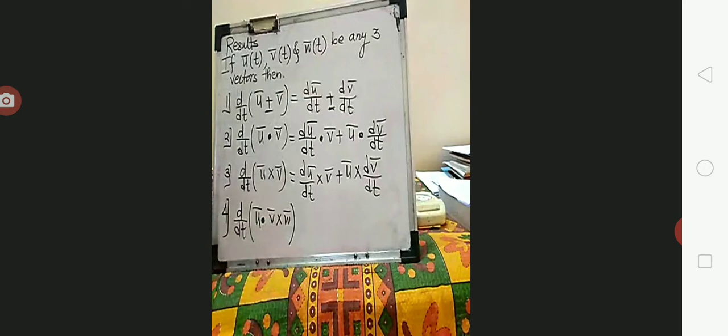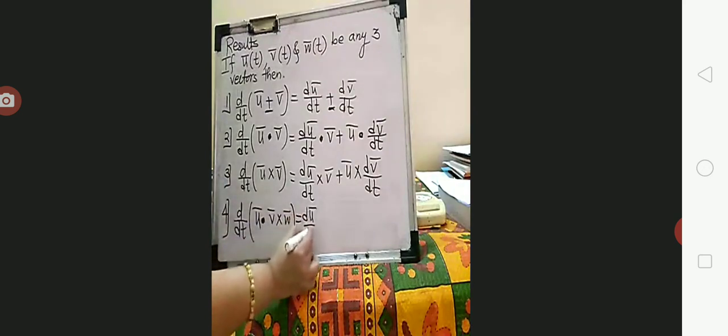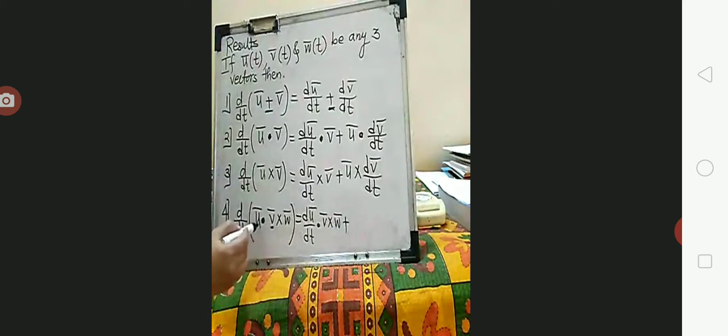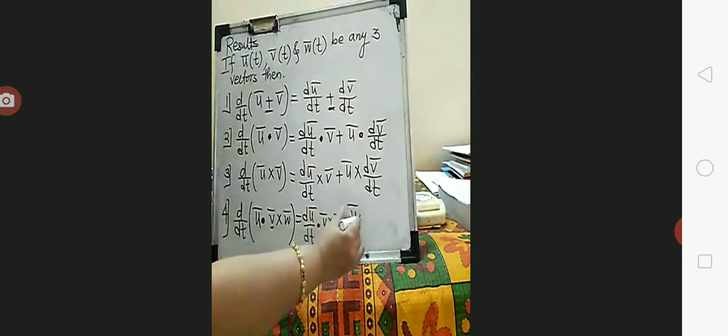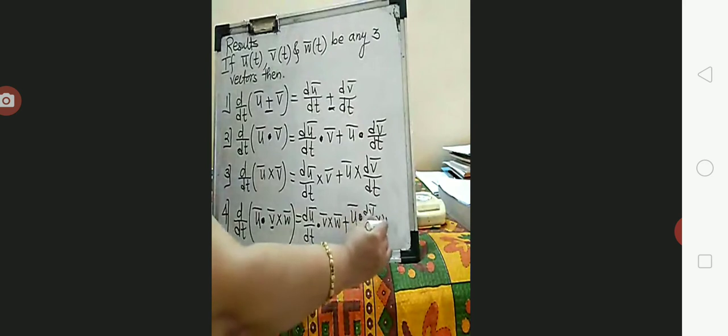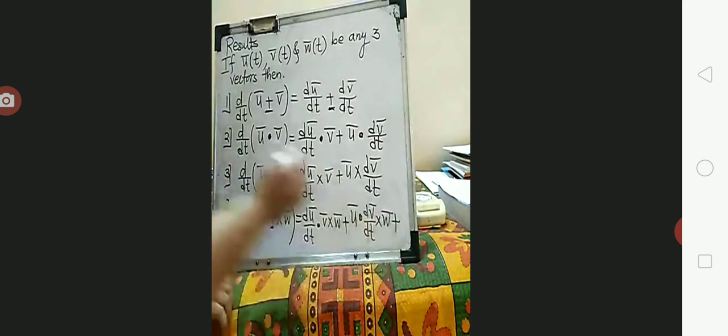So we'll take the derivative of the first one, then dot with v bar cross w bar. Plus now I take the derivative of the second keeping first and third constant and keep the operations as it is. So it will be u bar dot dv bar by dt cross w bar, correct?